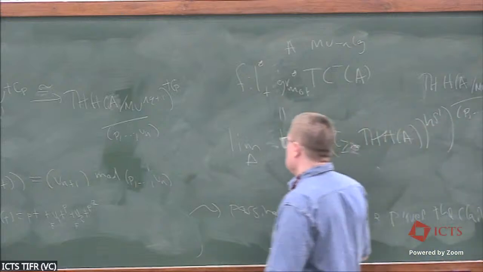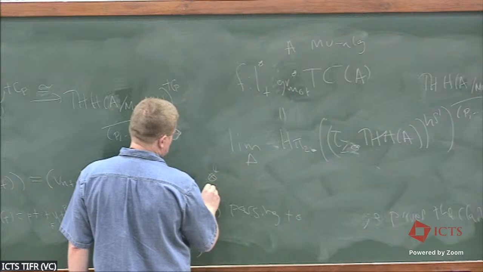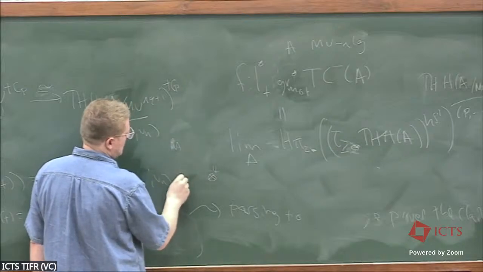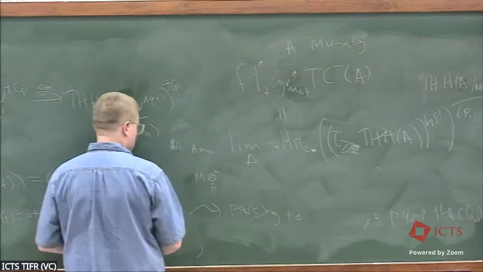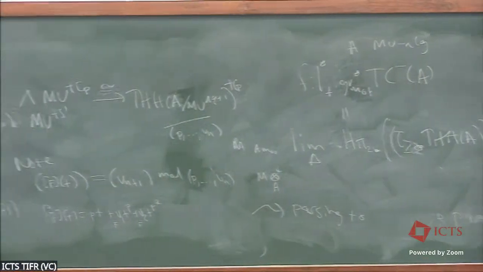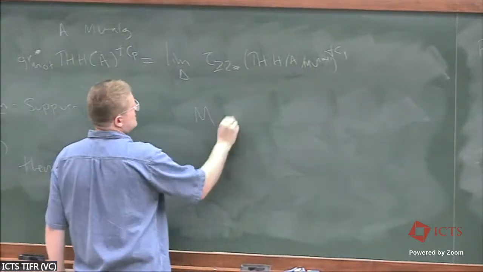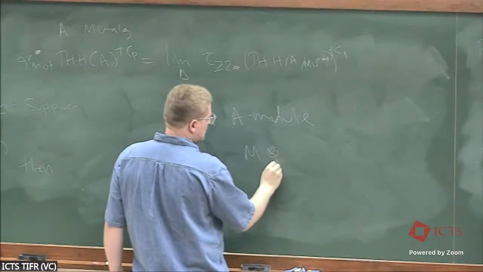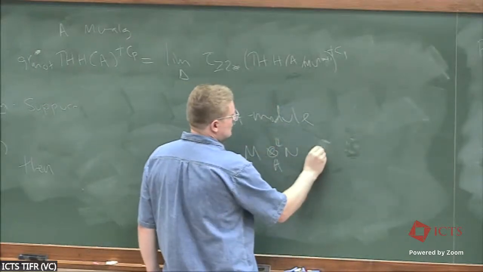So Tor amplitude is like if you take the derived tensor. If you have some M, let's say, then it has Tor amplitude in 0, 1 if M is an A module, and you ask that M derived tensor over A with N is inside 0, 1.